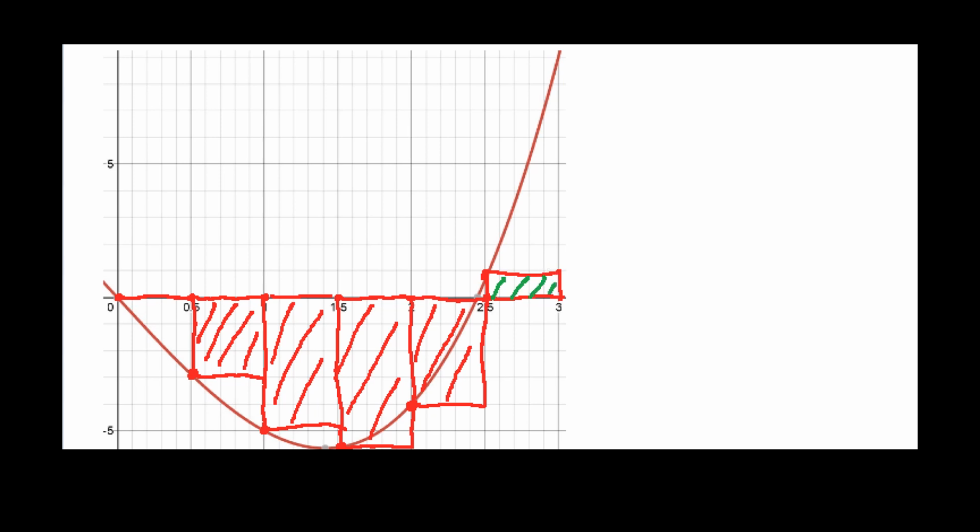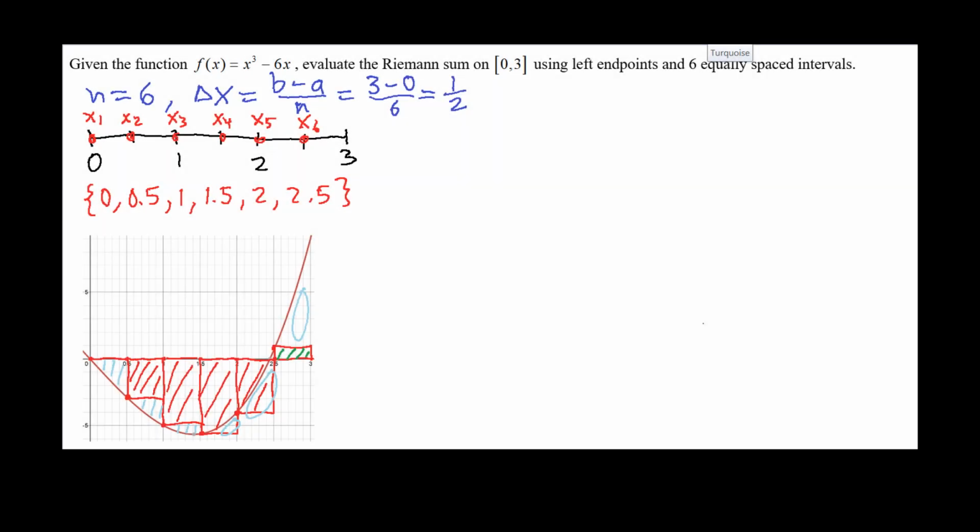Here we have a little bit too much area, likewise here, but then over on the other side we have a little bit too little. And it looks like what we have too little and what we have too much is roughly equal in size. And then we have positive area missing. So this tells me that whatever we're calculating is going to give us an underestimate.